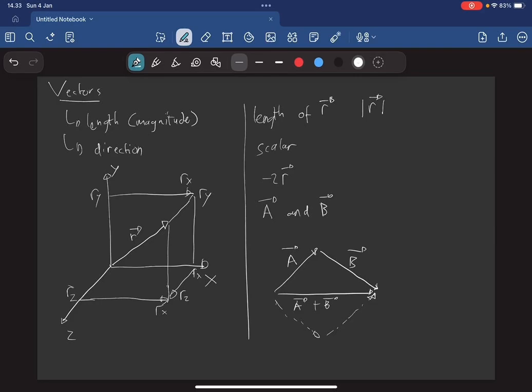Vectors can also be described in component form. We begin with 3 perpendicular axes x, y, z.